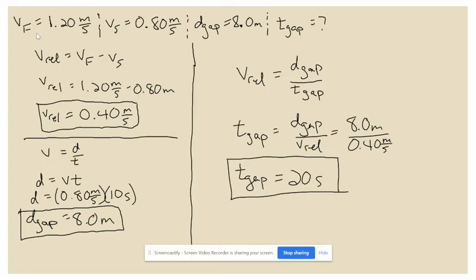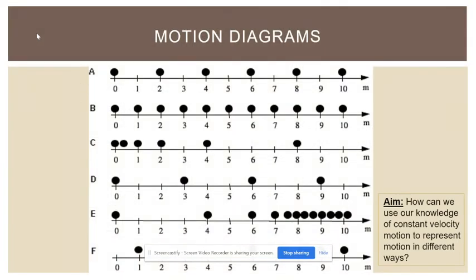And one of those ways that you can represent motion is with something called a motion diagram. And so essentially what these motion diagrams are showing you is a snapshot of the object at different times.